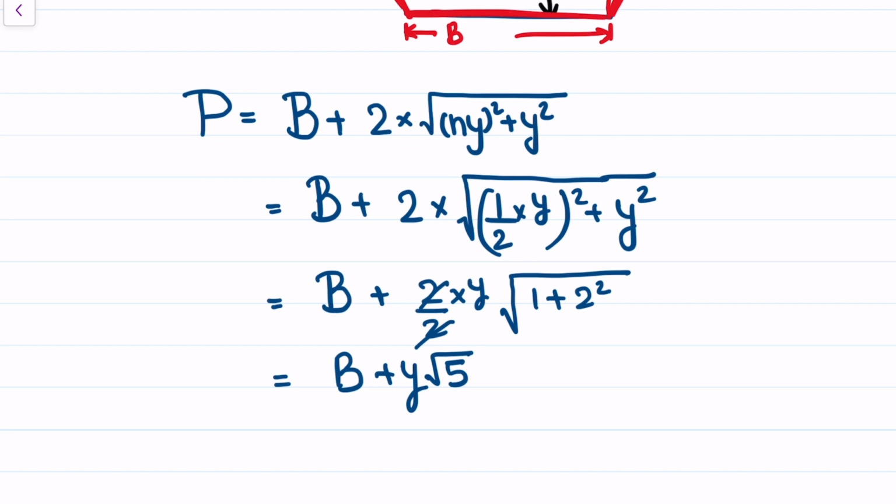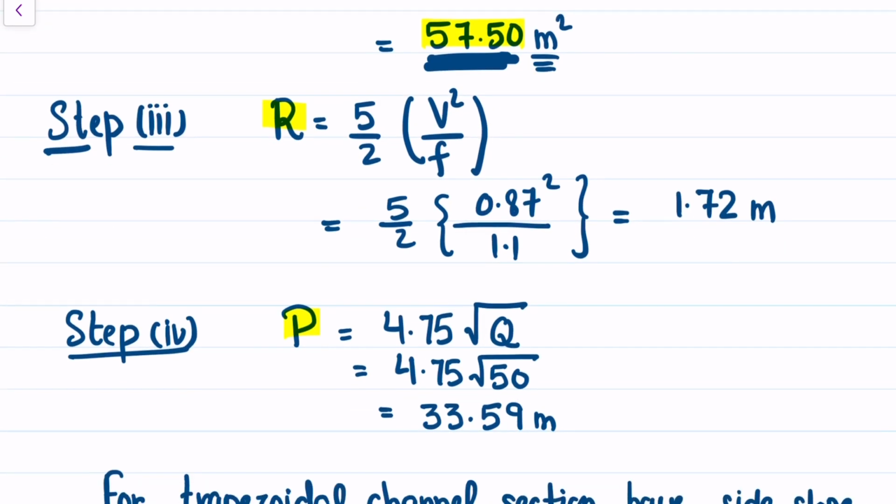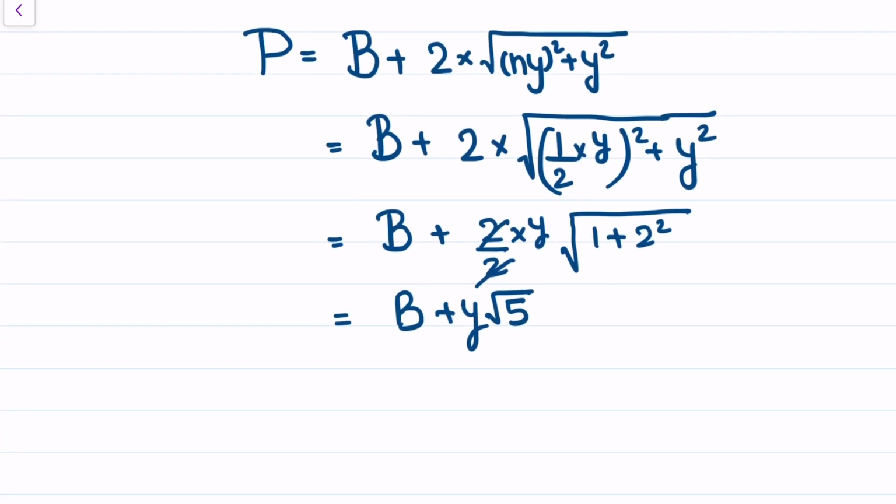Correct? So the parameter value is 33.59, which equals b plus y root 5.